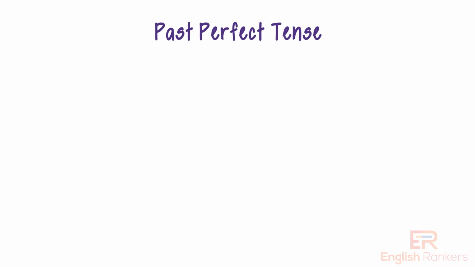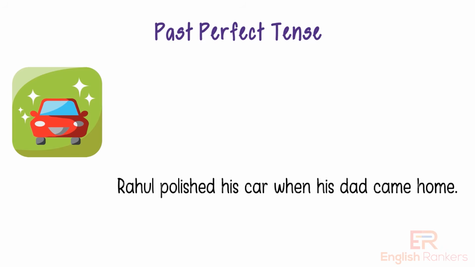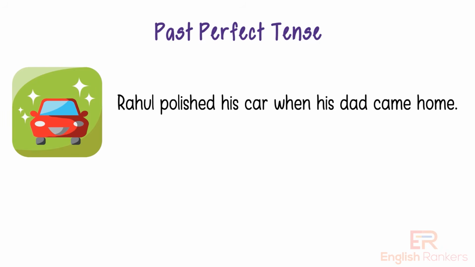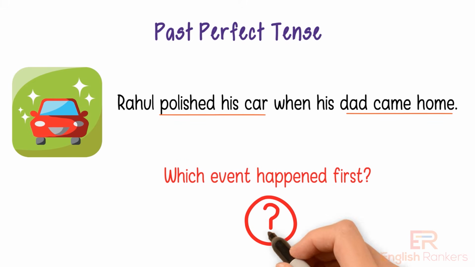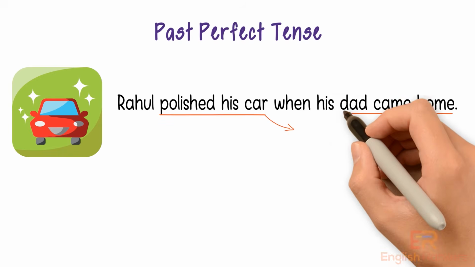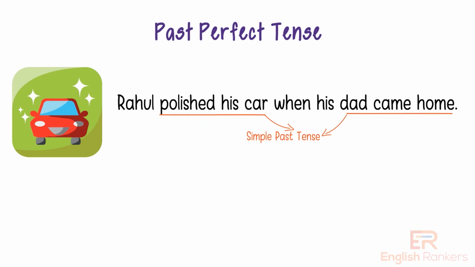Let's compare another example. Rahul polished his car when his dad came home. Which event came first? Did Rahul polish his car first, or did his dad come home? Both events here are in the simple past, so it is difficult to say which event happened first.